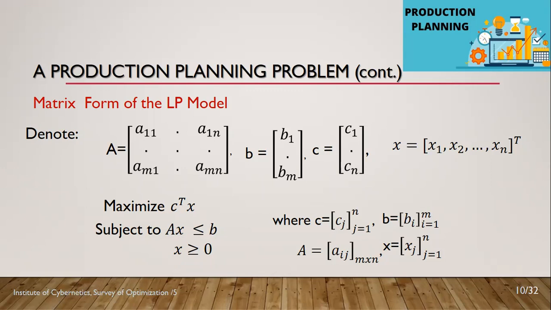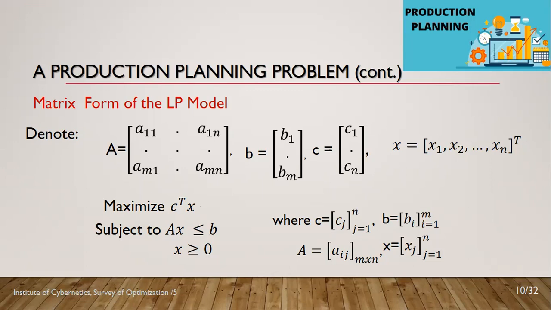Another specified view of the vectors and matrices is represented here. The left-hand side of these constraints, if you want to put them in a matrix, is nothing else but the product of A and the vector x.